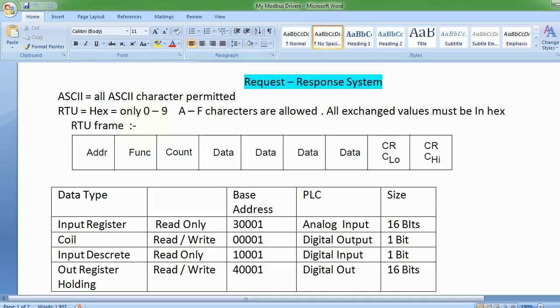I did one application where one PC was talking to about 32 devices, if I recall correctly, so I was talking to 32 energy meters. But in this case, I've just got a PLC which is address 1 all the time. The second byte has to be the function. Then you've got a count.